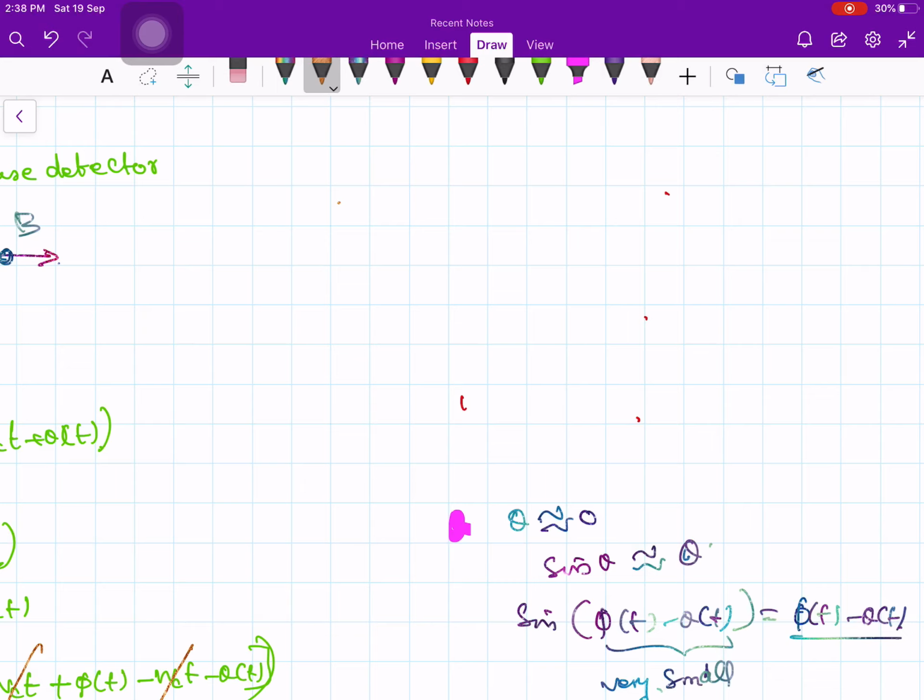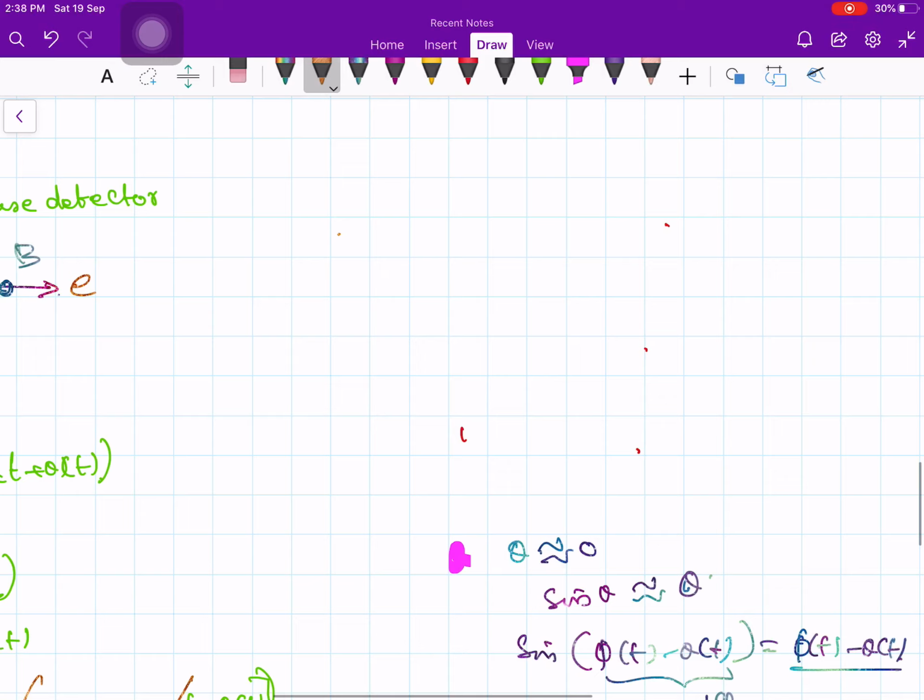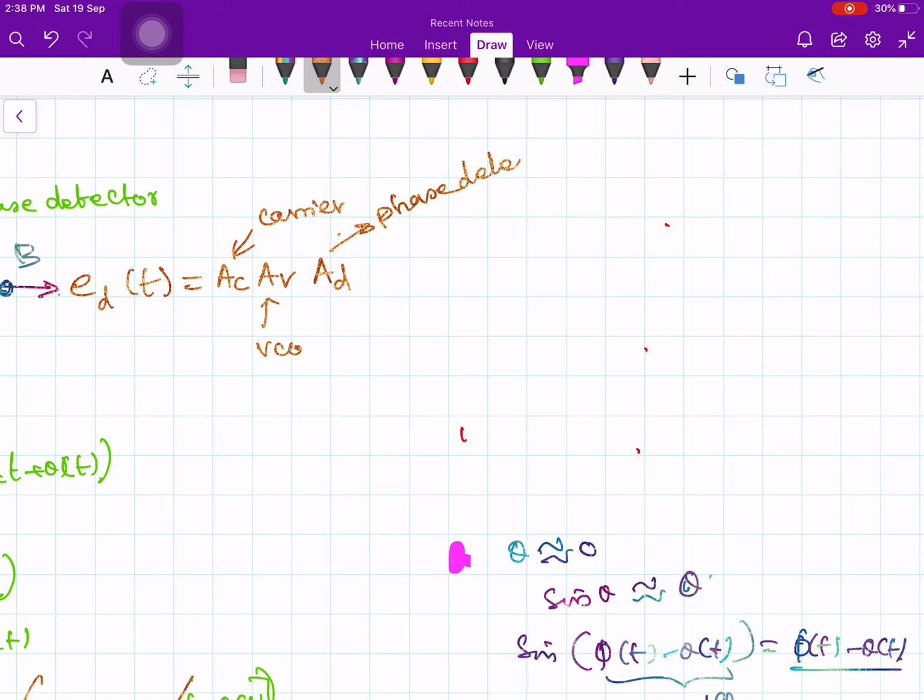This e_d of t is equal to A_C times A_V, where A_C is from the carrier and A_V is from your VCO, and this A_D is from the phase detector, times sin of phi of t minus theta of t, and of course 1/2.